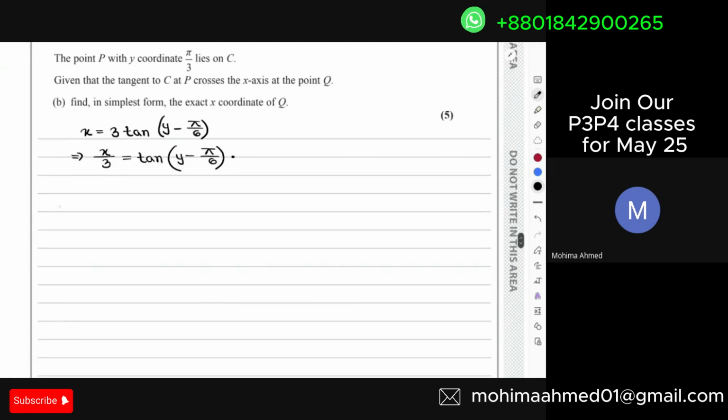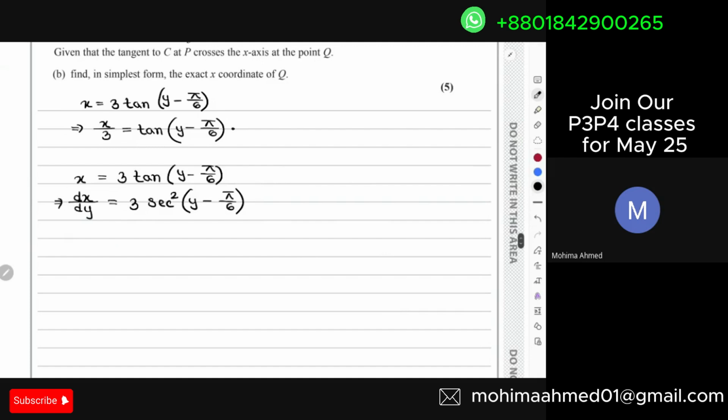And now if we start with the equation, the equation was y equals 3 tan y minus pi by 6. And if I start with the differentiation, dx with dy, for this dx with dy, if you differentiate tan, you always end up getting sec square, right? So I'm going to get 3 sec square y pi by 6.